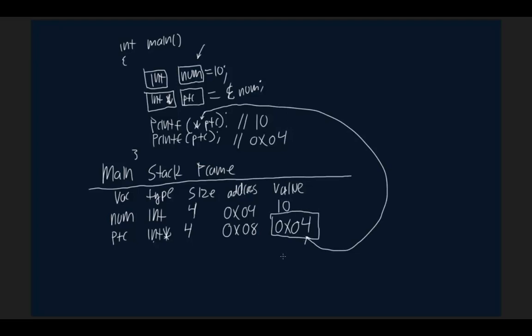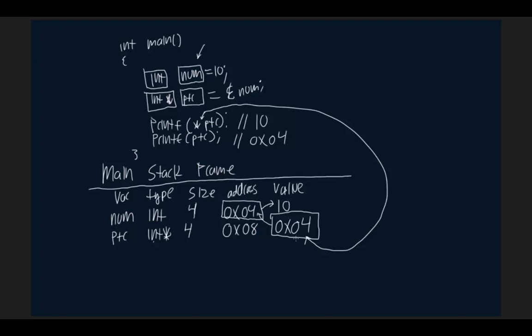But once it has the value of the pointer, it dereferences that value by finding out what's contained at the address that the pointer is pointing at. So 0x04 is going to jump into whatever variable is stored at 0x04, which in this case is num. Then it's going to grab the value that's contained at that address.